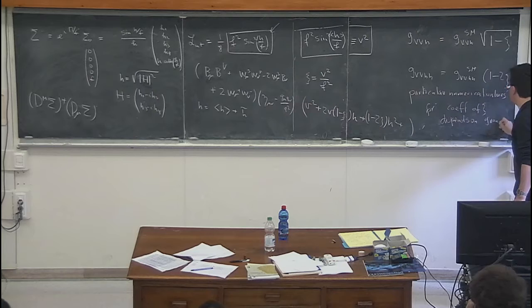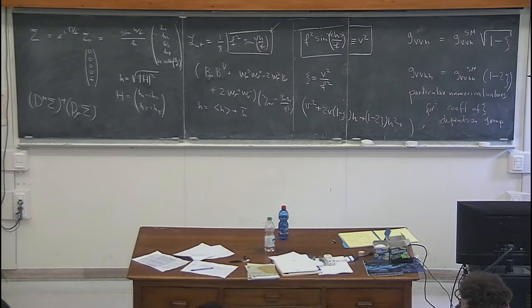But the generic structure that you are expecting shifts by, this V over F squared suppression, that's general in all of these models. Okay, so that's one of the most concrete ways to think about testing these composite Higgs models.